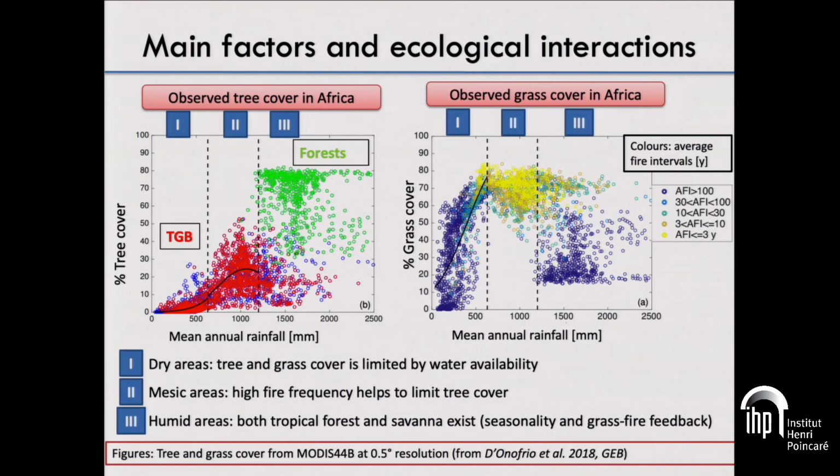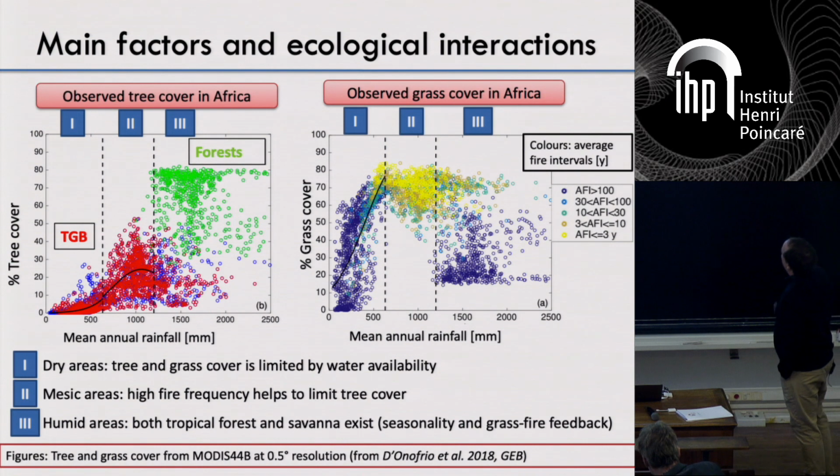And the fact that this is related to fires, you can see when we color the percentage of grass cover here with the average fire intervals. Yellow would be frequent fires, and the more blue or violet color is actually extremely rare, if not unlikely, fires.